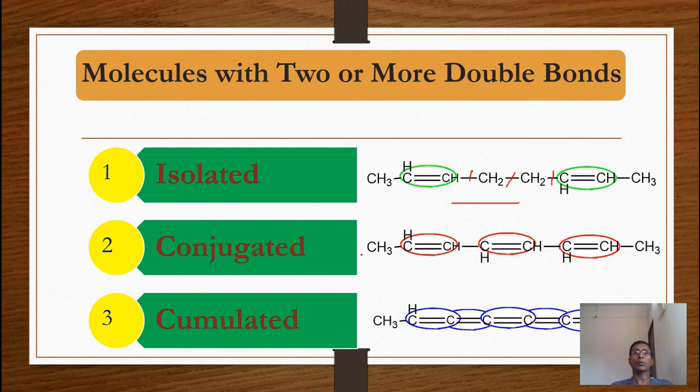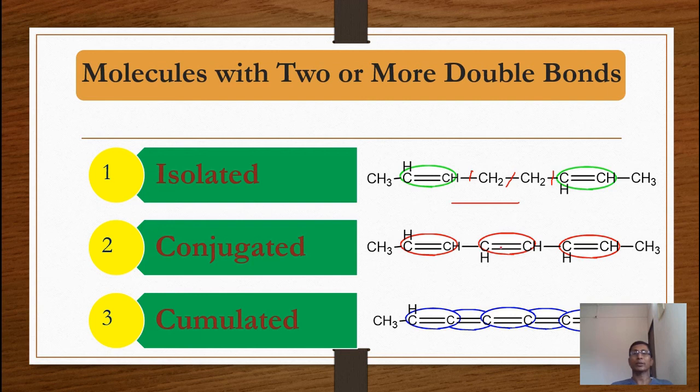In case of conjugated alkenes, the double bonds are present on alternate carbon atoms, or the position of a double bond is alternate with each other.